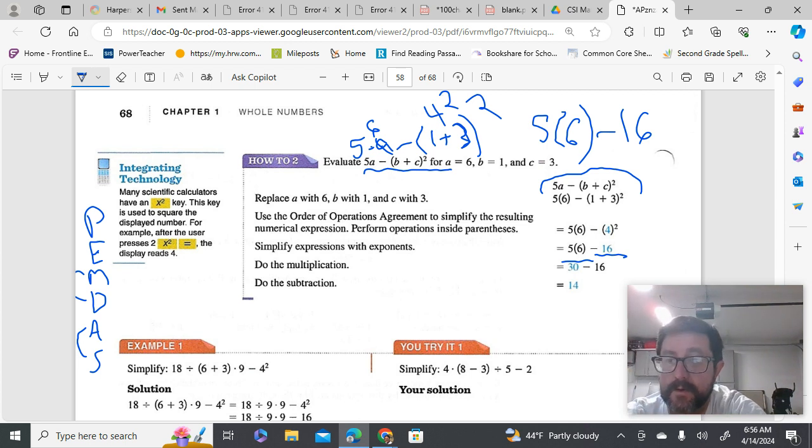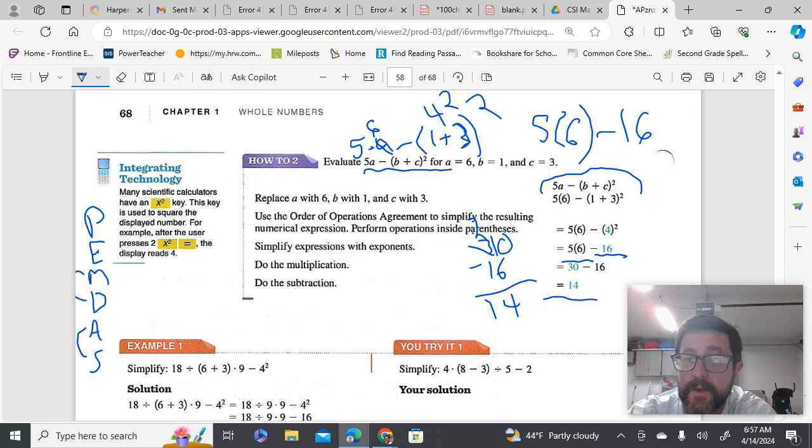So you end up saying 30 minus 16. And that is, we go 10 minus 6 is 4. Converted to a 2. 2 minus 1 is 1. 14. And that is the same answer that they had.